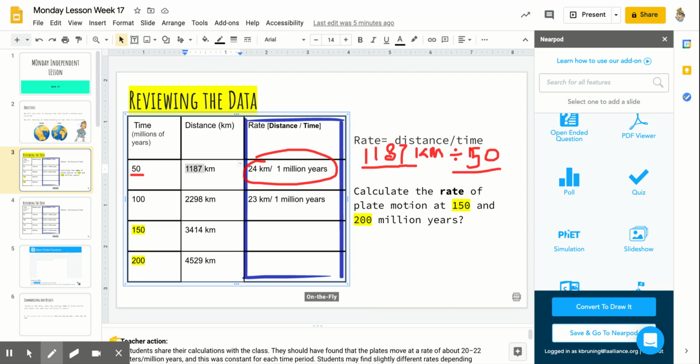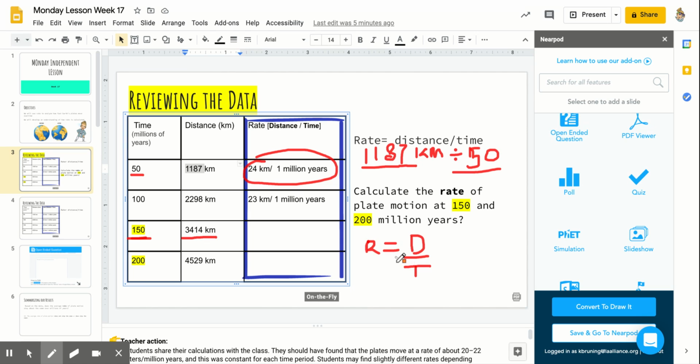Now I want you to do the same thing for this one. You're going to use your distance, and then you're going to use the time. And you want to use the equation here, which again is rate, which I'll do as R, equals D for distance over T for time.